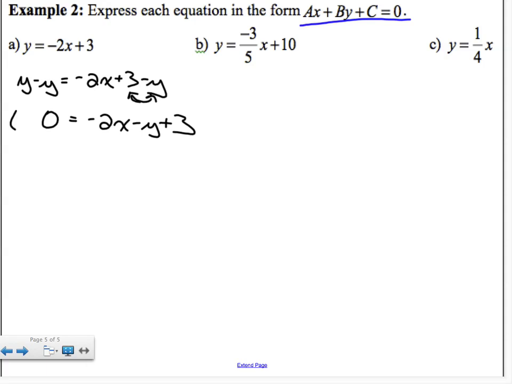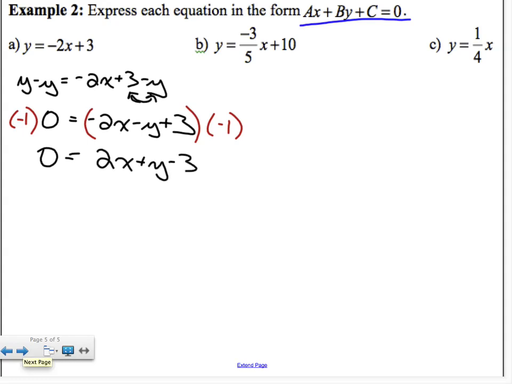So I multiply -1 on that side and -1 on this side. What's 0 times -1? 0. And all I do by multiplying by -1 is change the signs of everything else. Okay, so that's my equation in standard form.